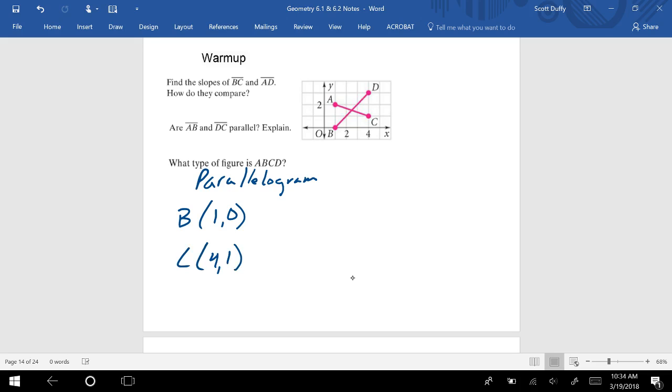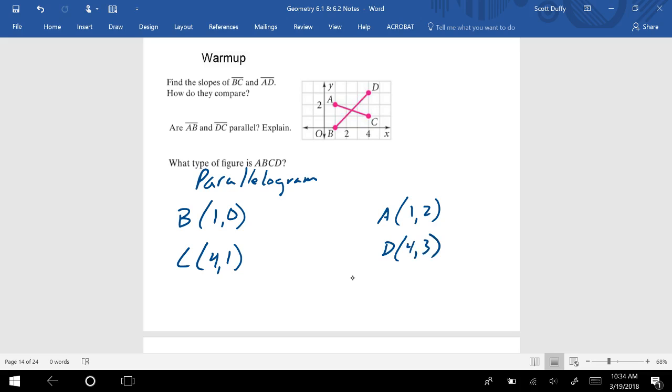So I run the slope for those two, and then AD, A would be at 1, 2, D would be at 4, 3. Run the slopes for those.